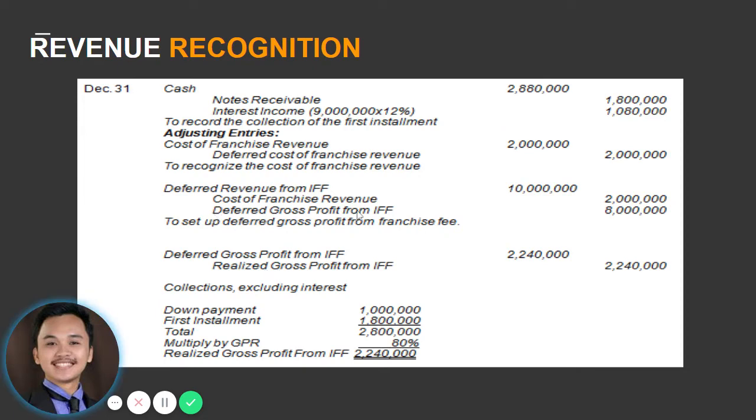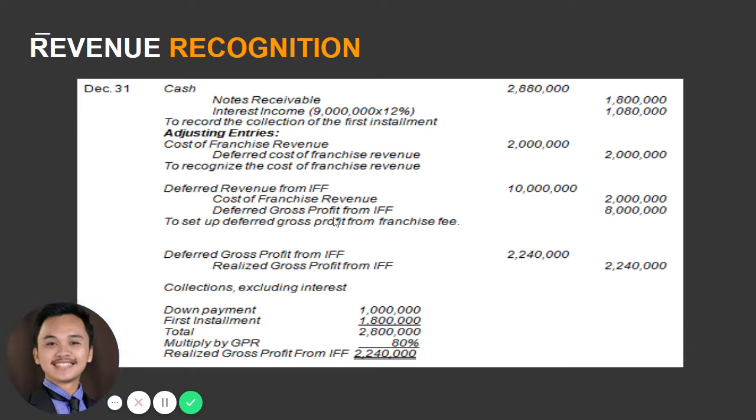Now, this time, this is where the accrual method and the installment method differ. We no longer differ in computing our realized gross profit. Now, in this case, guys, your entire 2 million will be recognized also. So, debit cost of franchise revenue for 2 million, credit to deferred cost of franchise revenue for 2 million also. Okay?